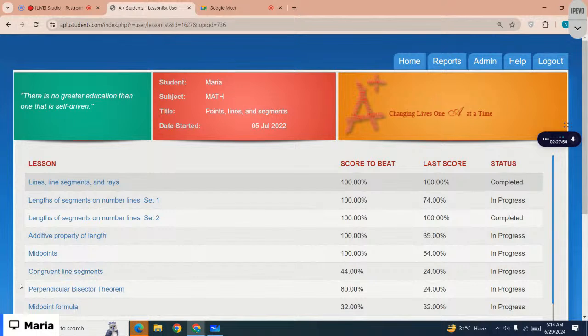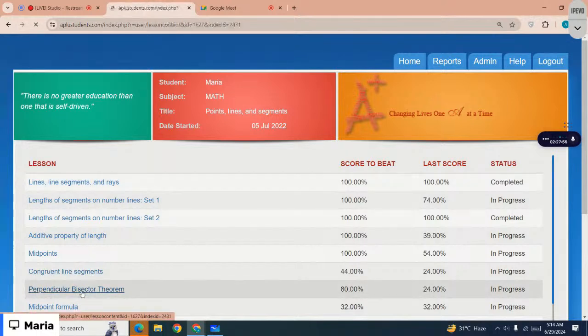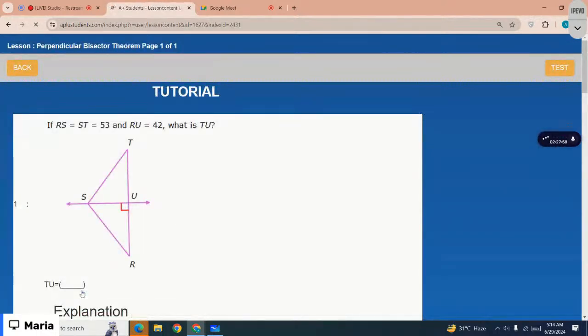The next lesson is perpendicular bisector theorem. If RS and ST equal 53 and RU is 42, what is TU?